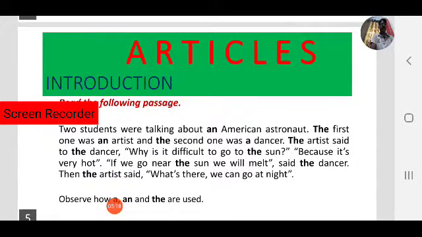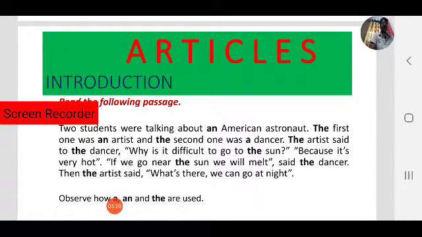Before that, we begin with a small exercise: read the paragraph on the screen and identify the articles in it. Two students were talking about an American astronaut.